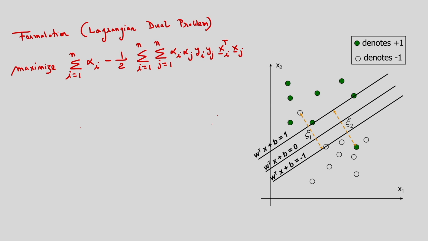So this is the formulation, that is the Lagrangian dual problem corresponding to this formulation considering the slack variables, and the condition is such that this αᵢ, that is the Lagrangian multiplier, lies between 0 and C, and also another condition, the summation of αᵢ yᵢ for i = 1 to n should be equal to 0.